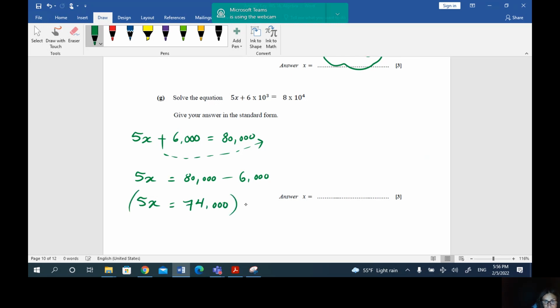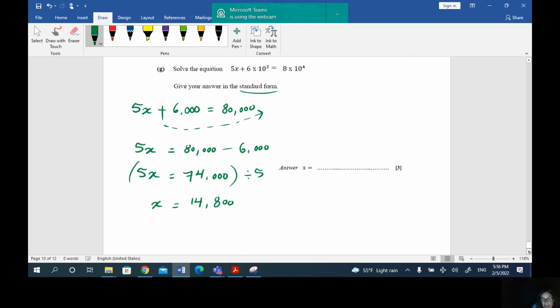We're going to divide all by 5 to isolate x. So get rid of the coefficient by dividing all by the coefficient. So it will be 74,000 divided by 5, which is 14,800. And they asked to put your final answer in standard form.